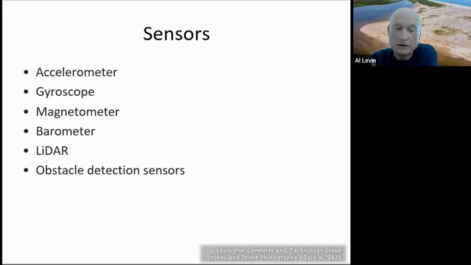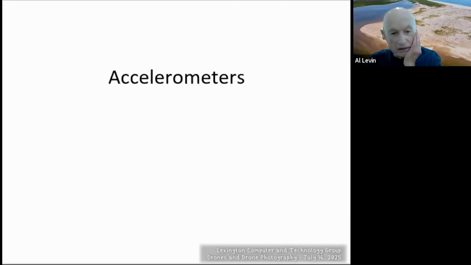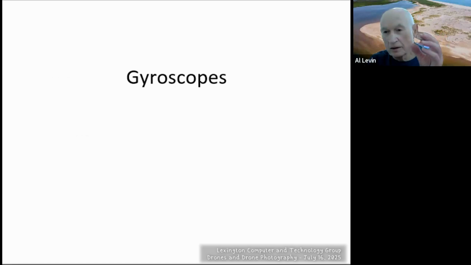Well, let's look at the sensors that are built into the drone. They measure different parameters, although there's some overlap in how they help the drone. An accelerometer, as most of you know, measures changes in the drone's velocity and orientation. A gyroscope measures the drone's rotational movement around its 3 axes.